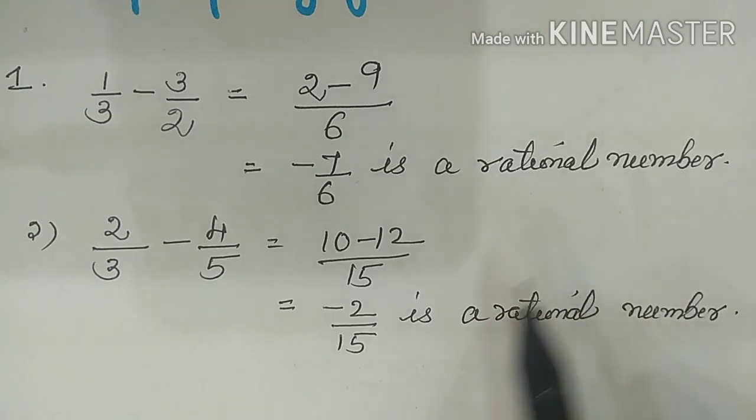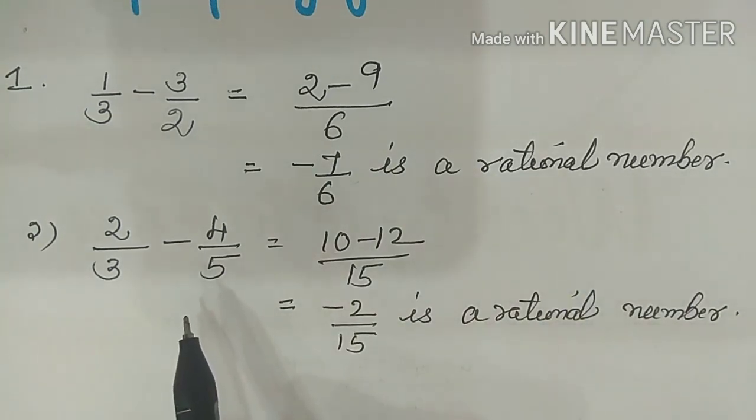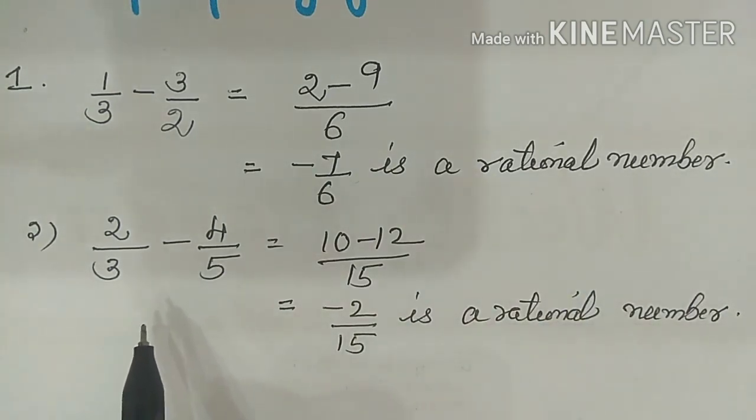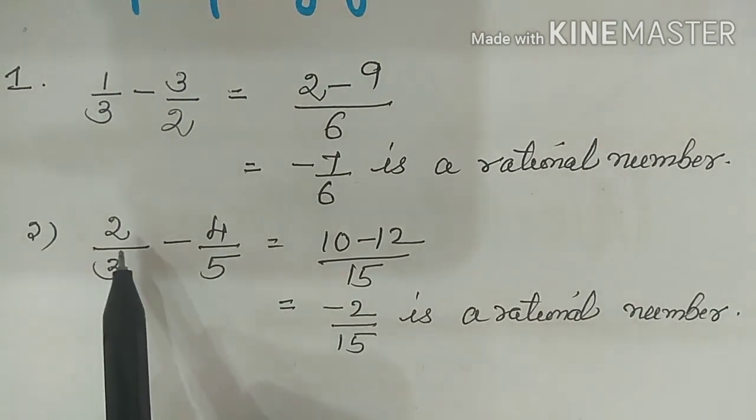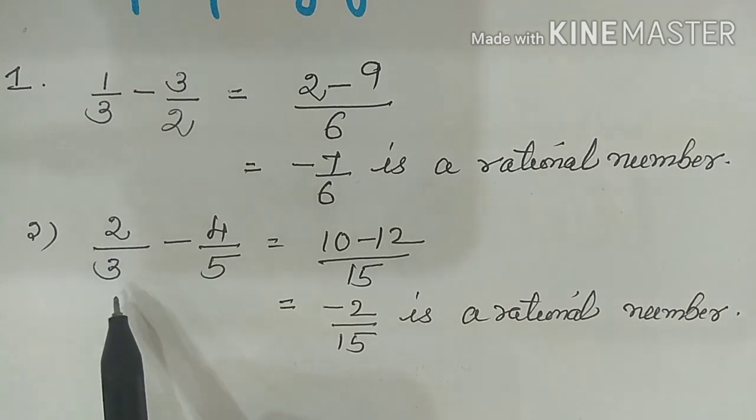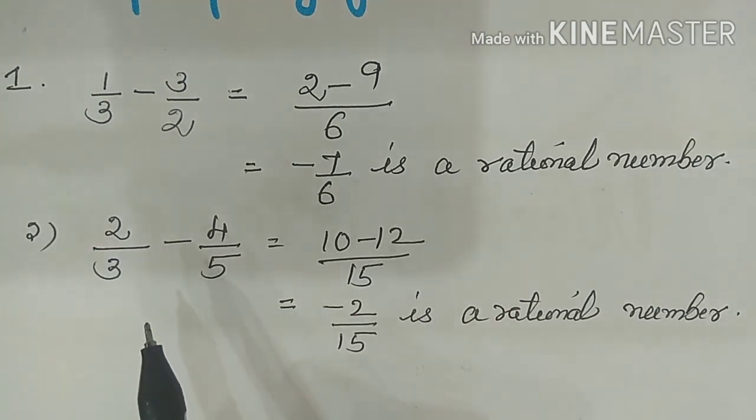Okay, let's see another example. Here also we are going to take the difference of 2 rational numbers. The rational numbers are 2 by 3 and 4 by 5. What are we going to do? We are going to take the difference. We are going to subtract one rational number from the other.